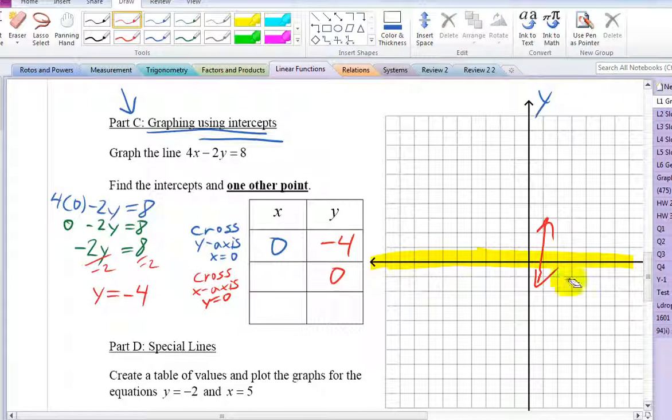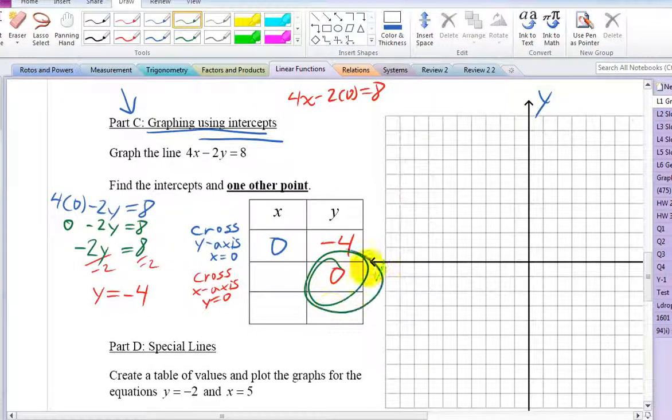And now we do the same idea. We use our equation 4x minus 2 times 0 equals 8. Go ahead, we've substituted 0 in here for the letter y. Do your math now, find your x value.